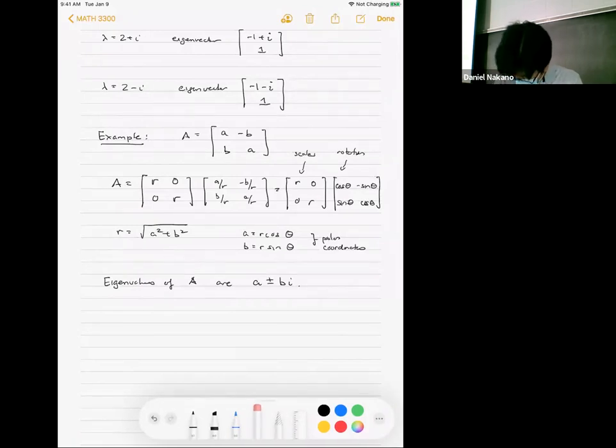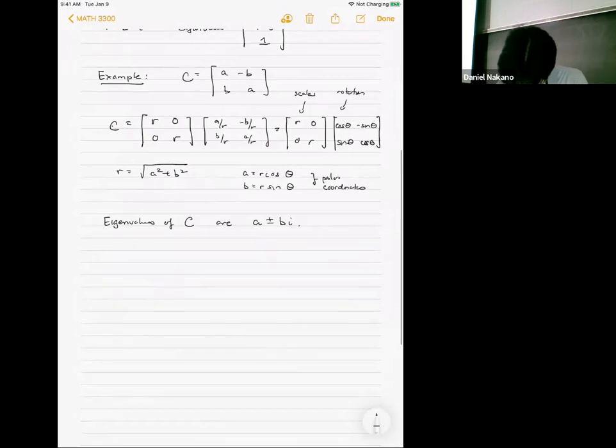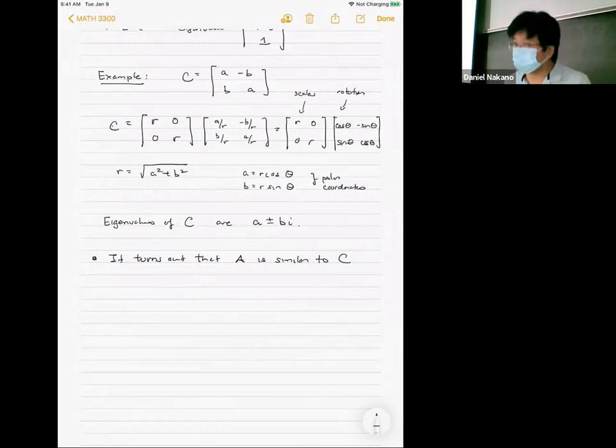Instead of calling the second example A, I'm going to call that matrix C. Now, it turns out that A is similar to C. Let me put that as a bullet point. What I'm going to do next is describe how A is similar to C, and this is via this theorem. So here's the theorem.